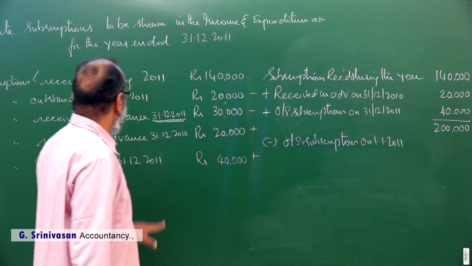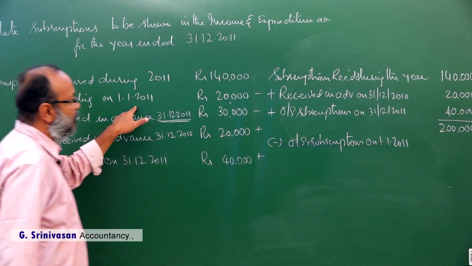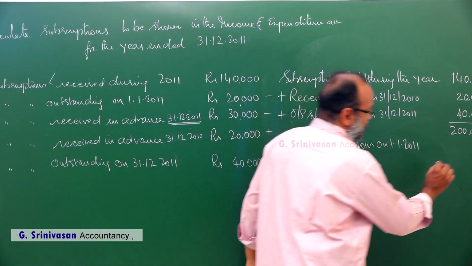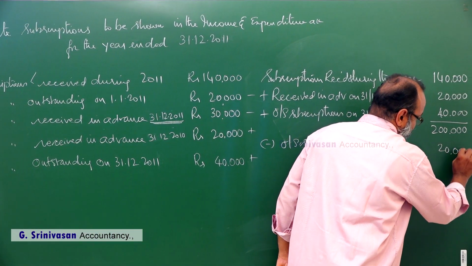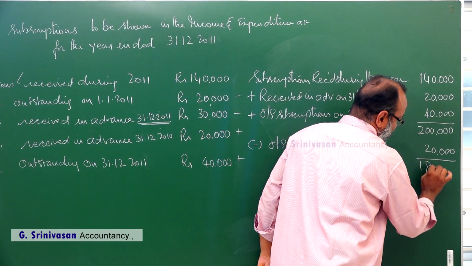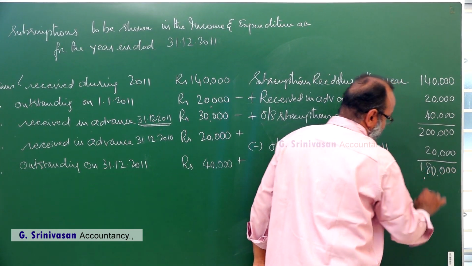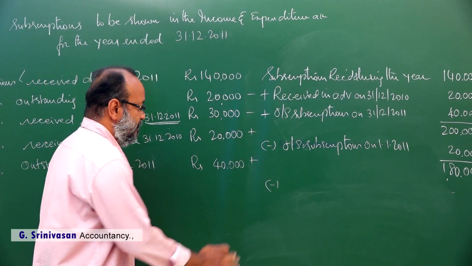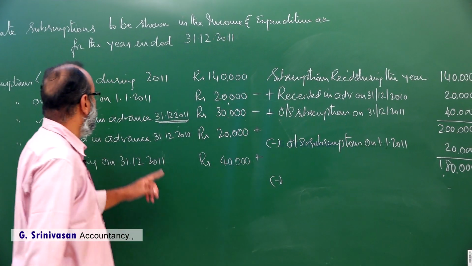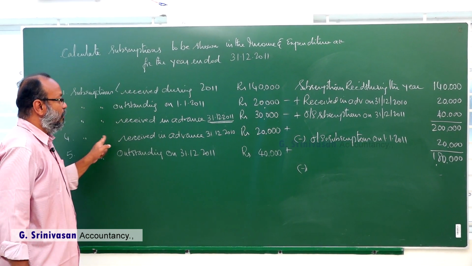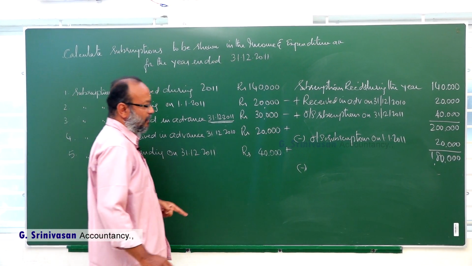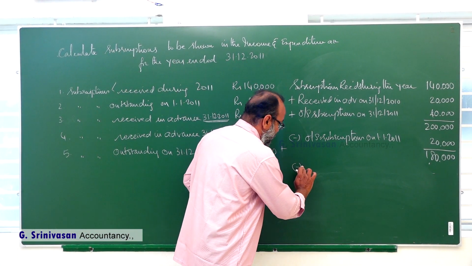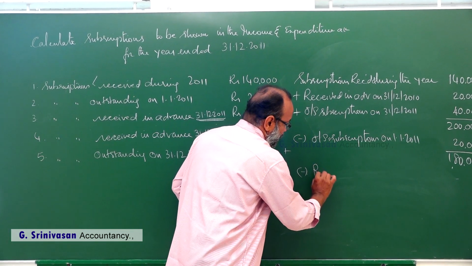The amount is outstanding on 1/1/2011 20,000. You deduct it, we get 1,80,000. Right. And the last one to be deducted, less received in advance on 31/12/2011 because it is related to the next accounting year.